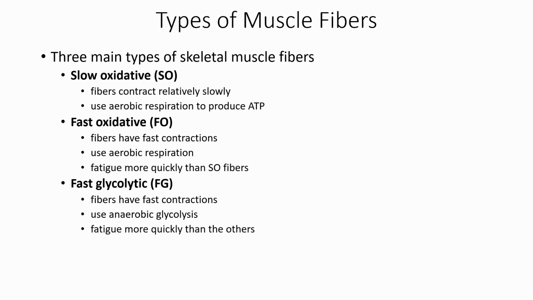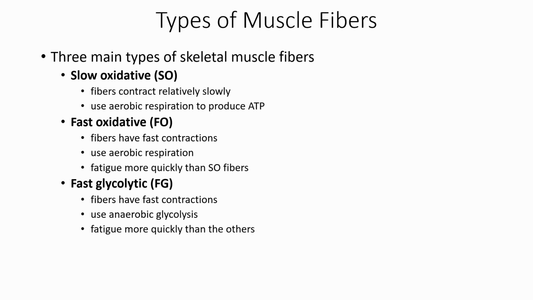The fast oxidative, we do have fast contractions. We are still using aerobic respiration, but we fatigue more quickly than the slow oxidative ones. And then lastly, the fast glycolytic, fast contractions, but we're using anaerobic glycolysis. So we're using something like fermentation to produce ATP.